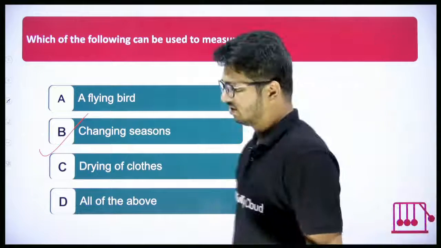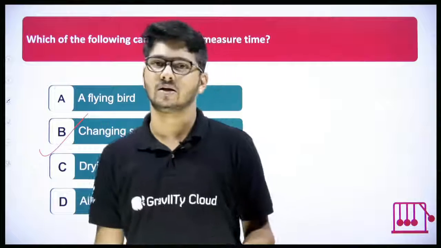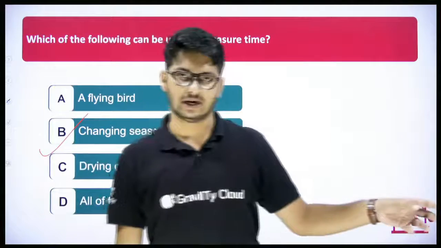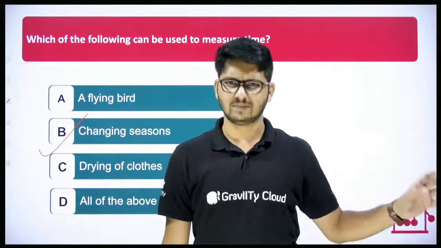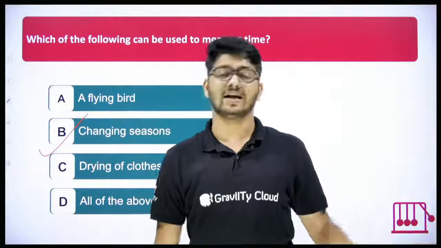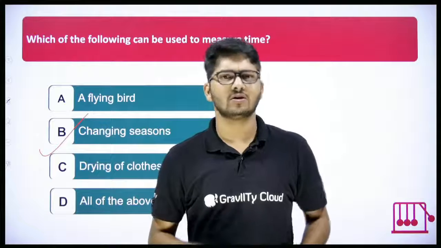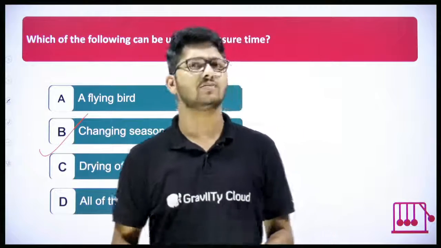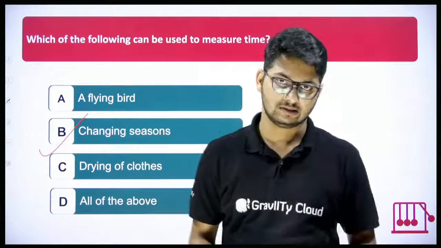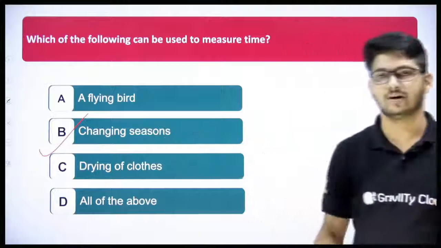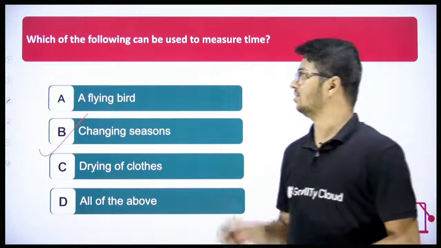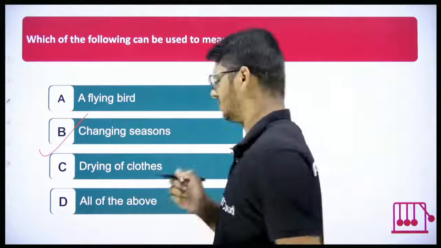Drying of clothes: in summer clothes dry quickly, in winter they take much more time. Simple example I am giving you. And it also depends on how much you have squeezed the cloth. So there are different cases possible, so we cannot say. But seasons are regular. So changing seasons, yes, we can use it.